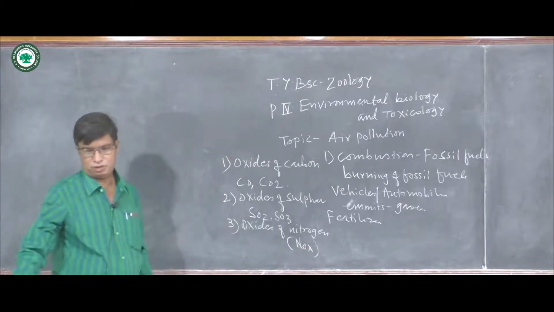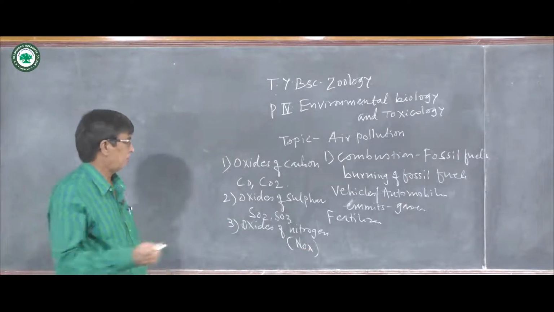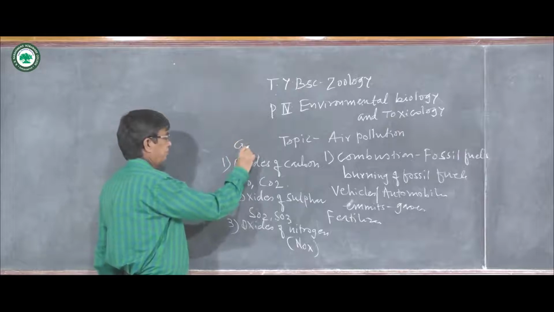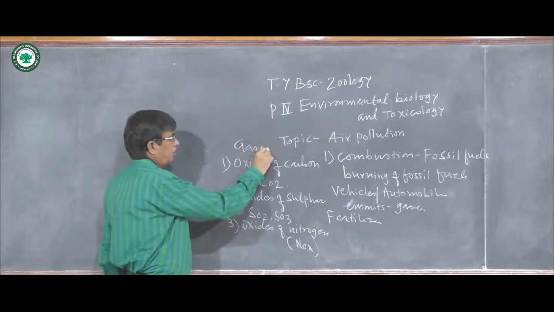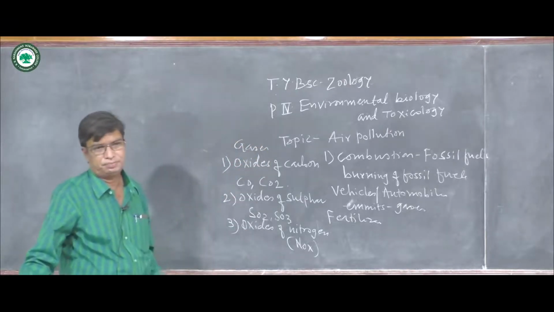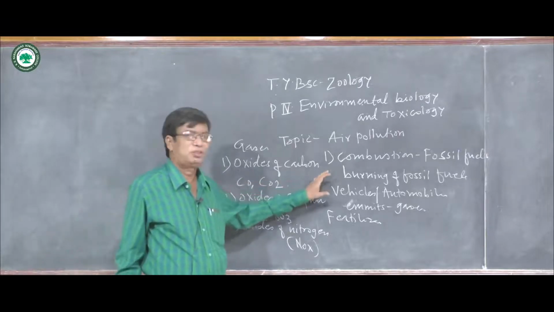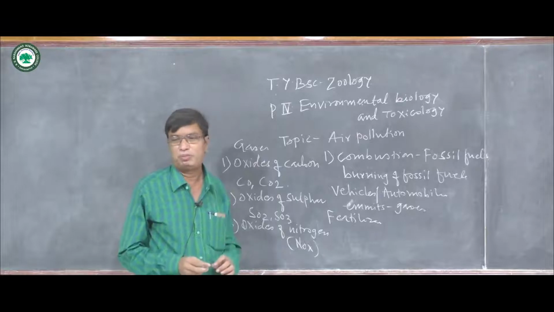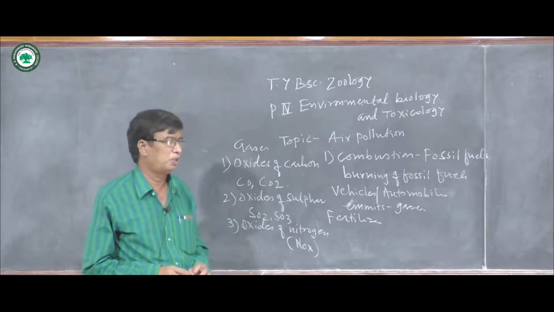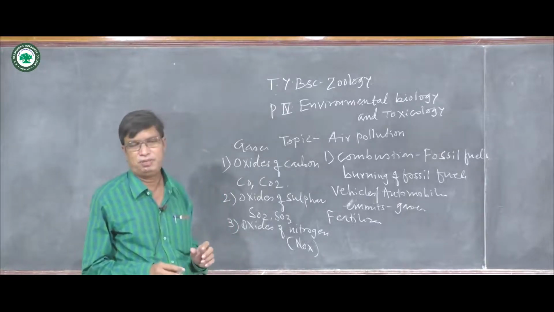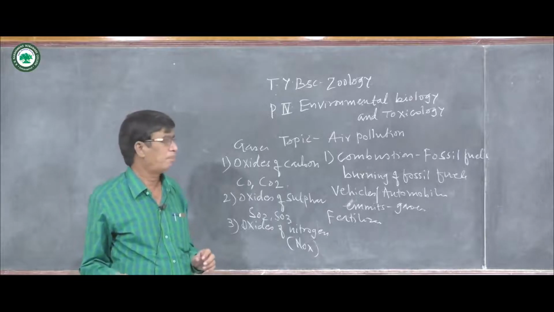These are the gases produced mainly by burning of fossil fuels, incomplete burning of fossil fuels, petroleum products, diesel, kerosene.